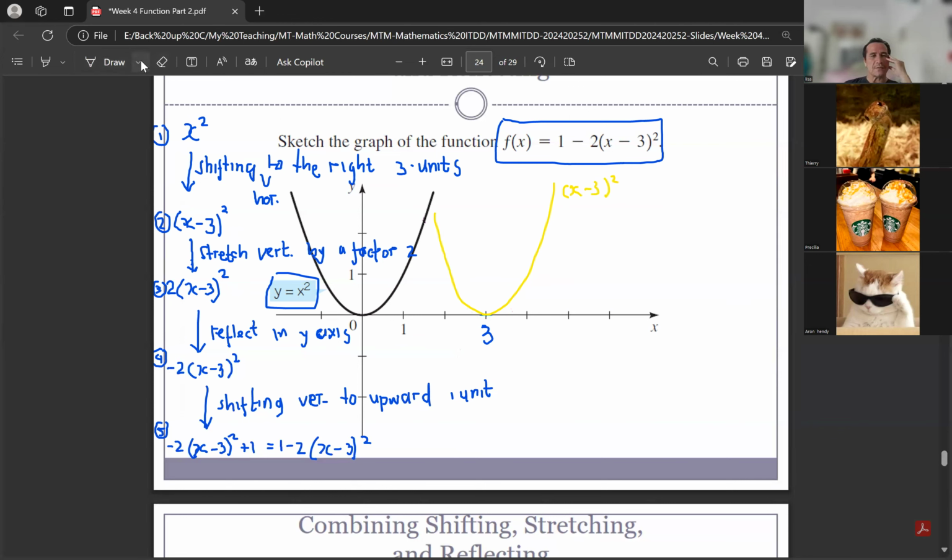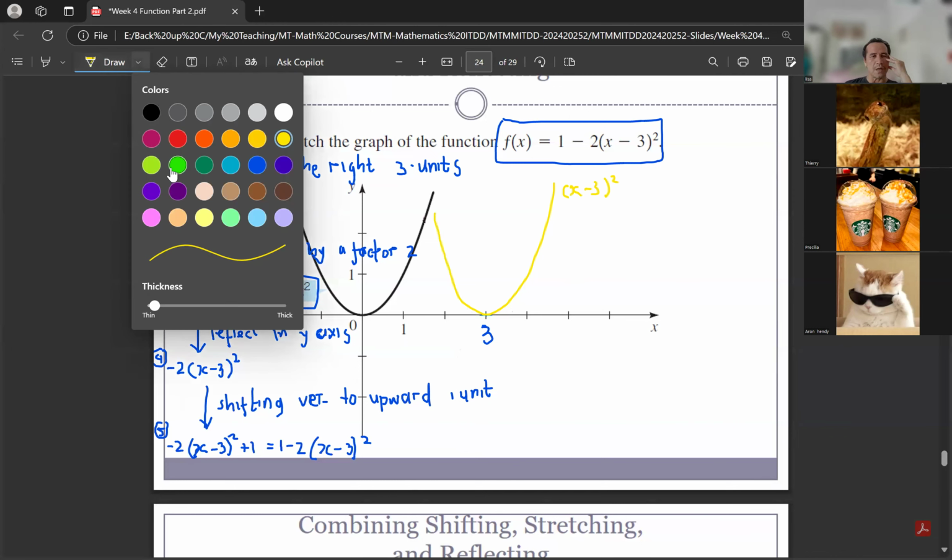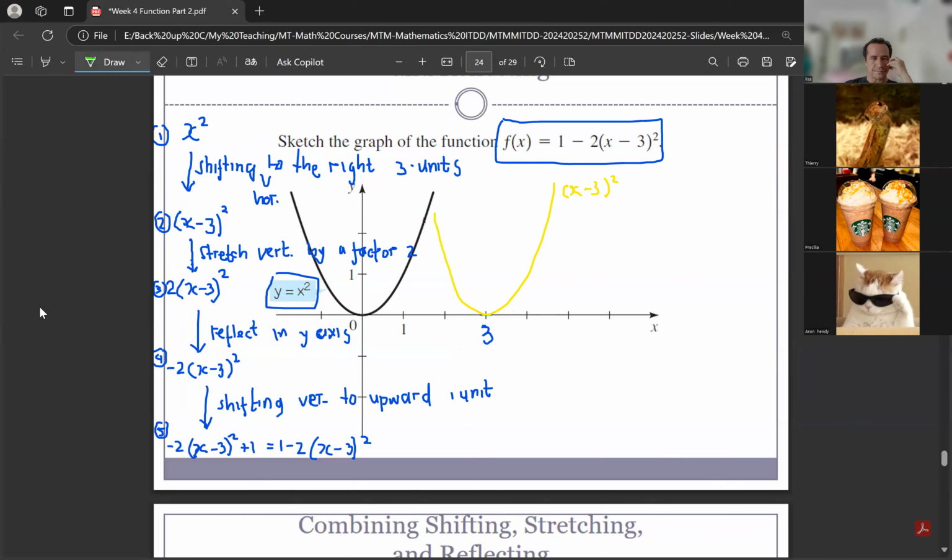After that, we multiply by 2. I make a different color again, the yellow. This is stretch vertically by a factor of 2.